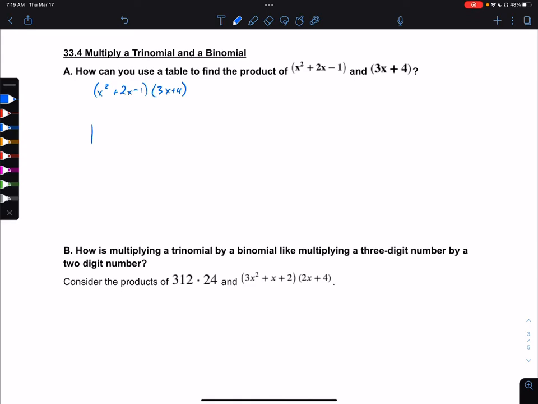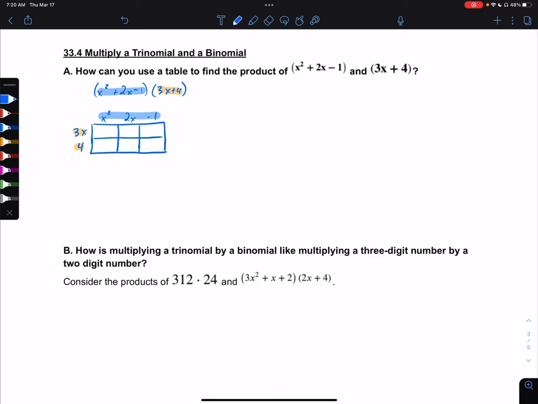So I have a 3 by 2 here, so I'm going to create a table that is 3 by 2. And then across the top, I'm going to use my x squared, my 2x, and my negative 1. And then on the left side, I'm going to write 3x and a positive 4. So the x squared plus 2x minus 1 went there, and the 3x plus 4 is right there.